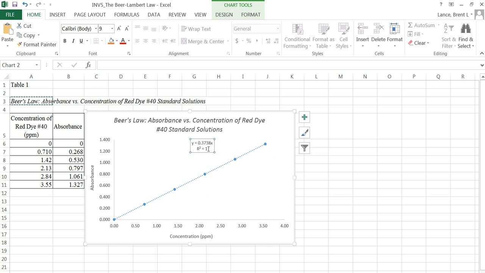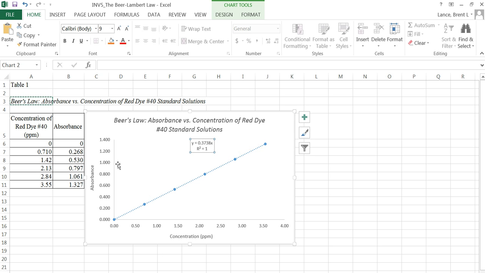But that's as good as you can get. It's +1 for a positively sloped line. If it was going the other direction but it was perfect, it would have been -1. So this shows as concentration of the solution increases, the absorbance increases, and it increases in this way right here.